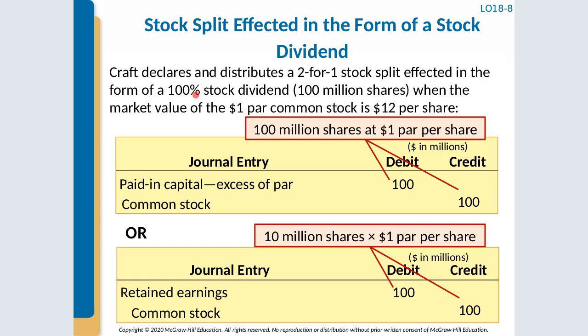So we have a 100% stock dividend, and so we're going to use the par value. Here we're told that the per share value is $12, but we're ignoring that because the percentage is greater than 25%, so we're using par value. We're going to debit retained earnings, and we're going to credit our common stock.